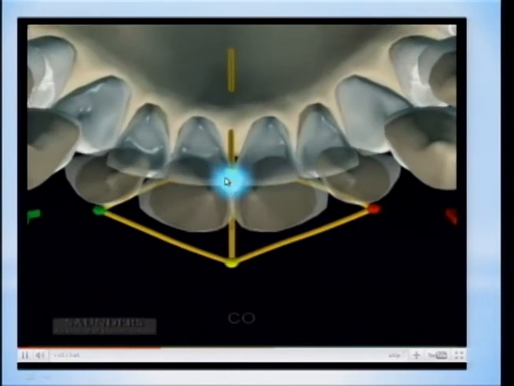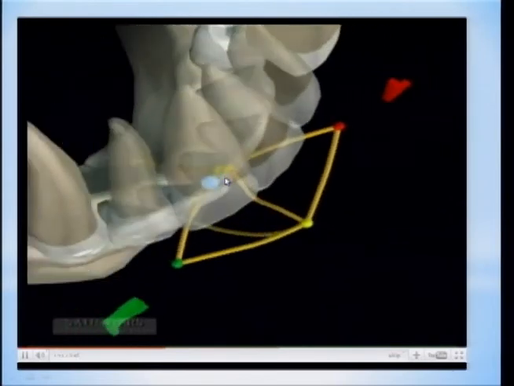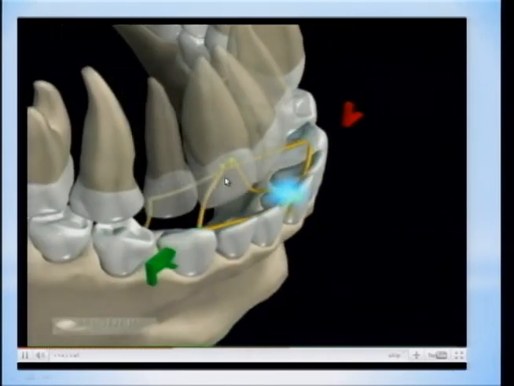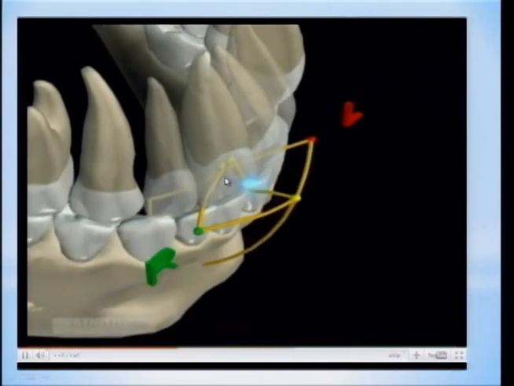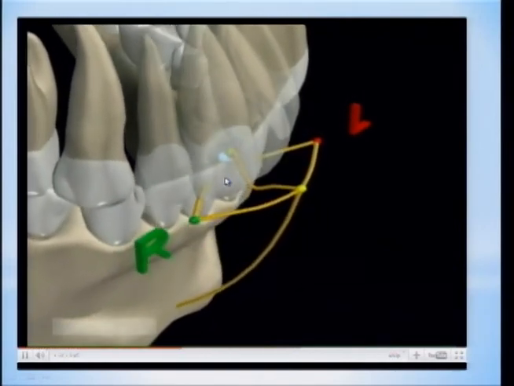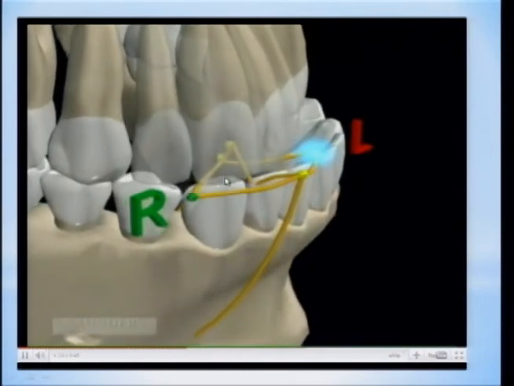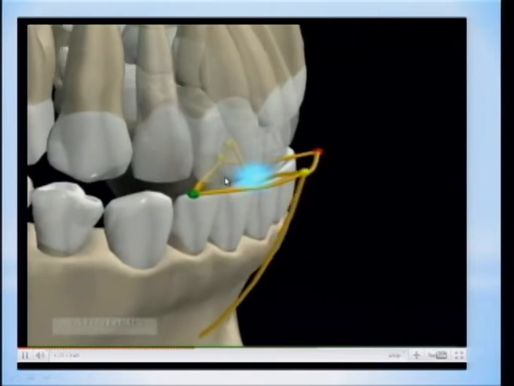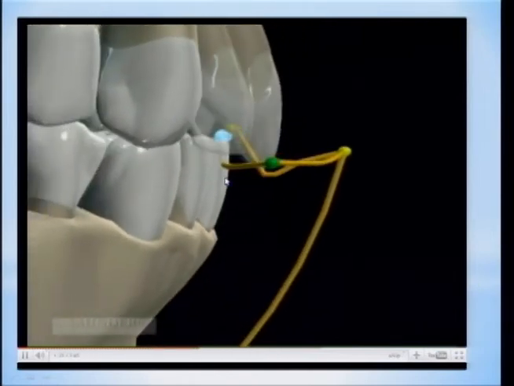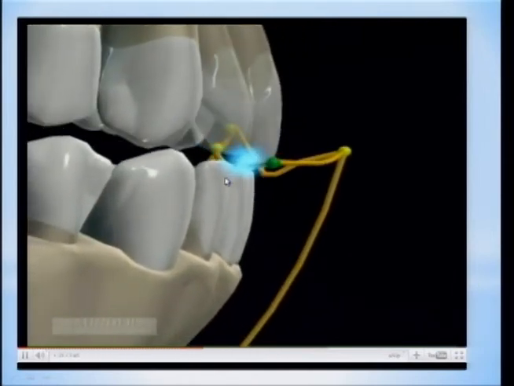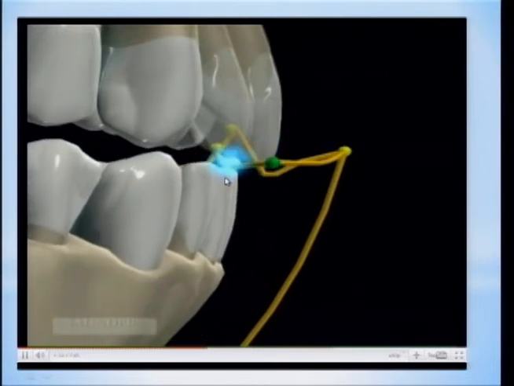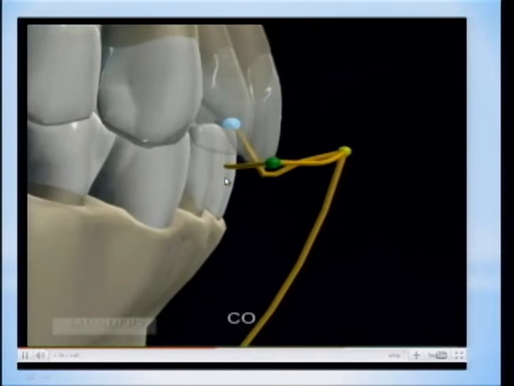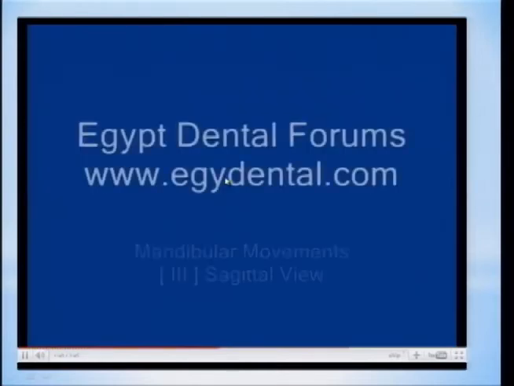As you can see, this is a 3D model. It's not of a true individual person, and we don't have that capability yet. And it's almost like an ellipsoid, semi-ellipsoid shaped, the occlusal plane.